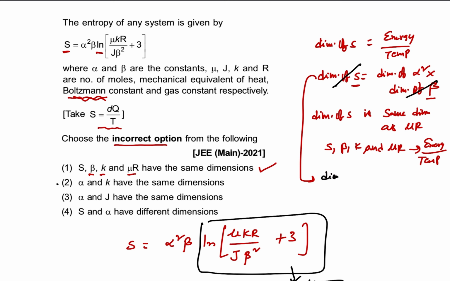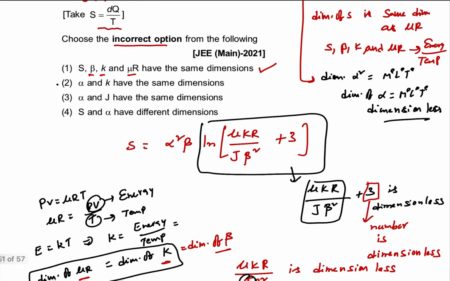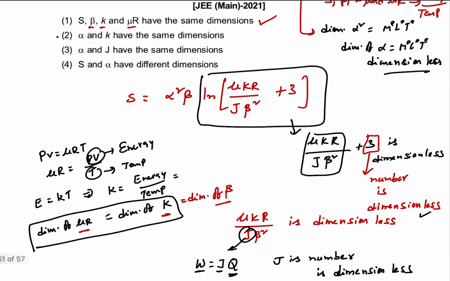From this data we can say that dimension of S and dimension of beta get cancelled. Now dimension of alpha square is equal to m0 l0 t0. Nothing but dimension of alpha is equal to m0 l0 t0. It is dimensionless. If alpha is dimensionless, j also dimensionless only.